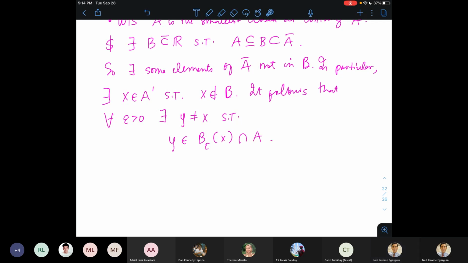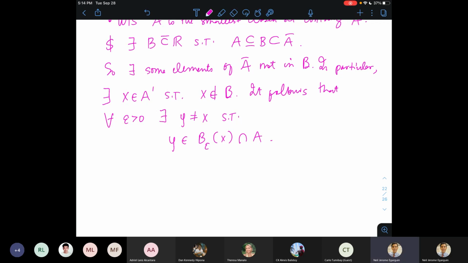Okay? So dahil sinabi natin si x ay limit point ni A, ibig sabihin yung intersection ng kahit anong epsilon neighborhood ni x at saka nung set A ay merong isang laman other than the number x. Tinawag kong y yung element ng intersection na yon. Okay?